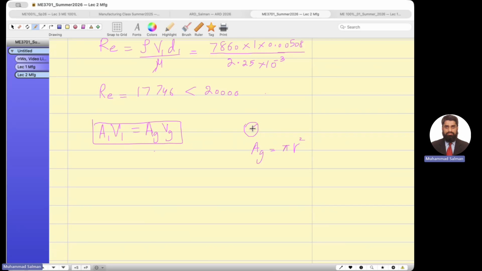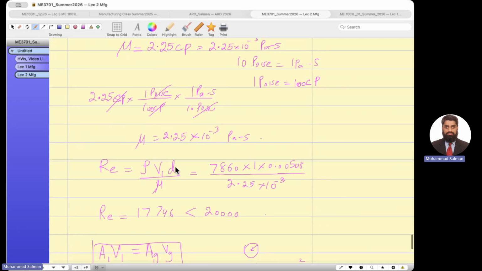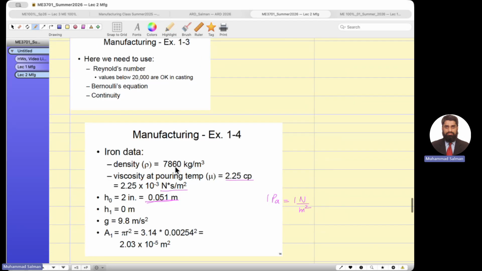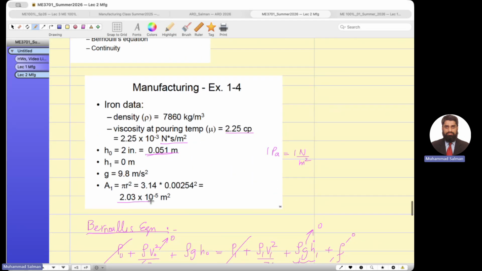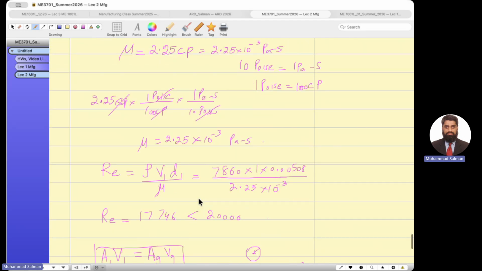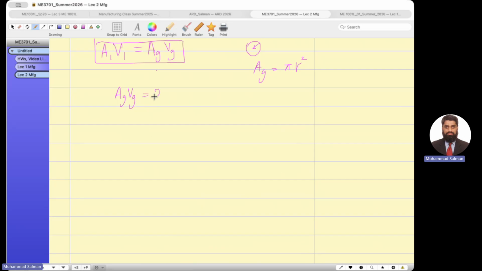Now you can write down AG VG equals A1 V1. What is the area at the bottom of the sprue? This is 2.03 times 10 to the power negative 5. Agreed. And the velocity is 1 meter per second.